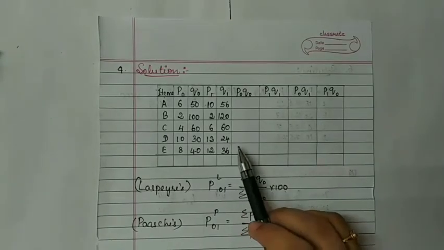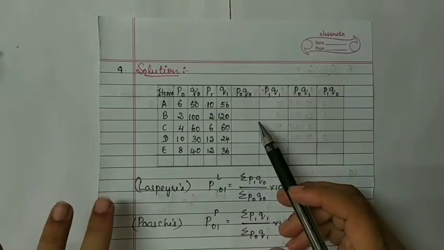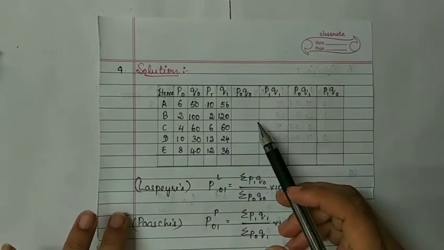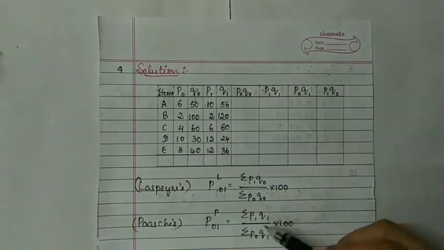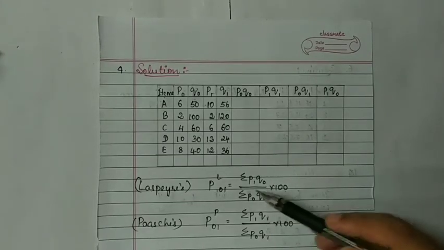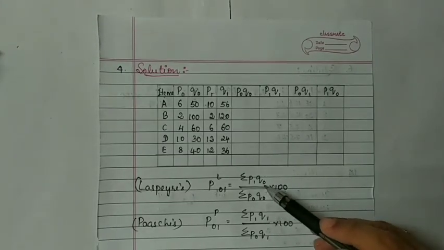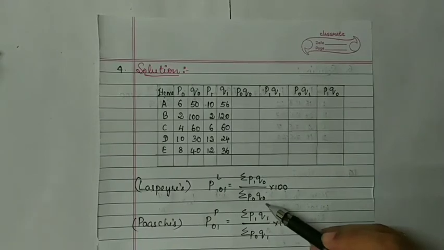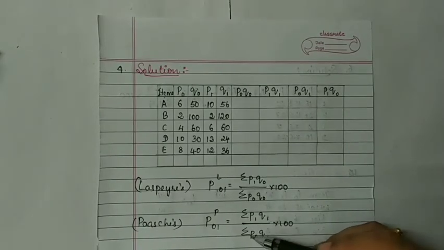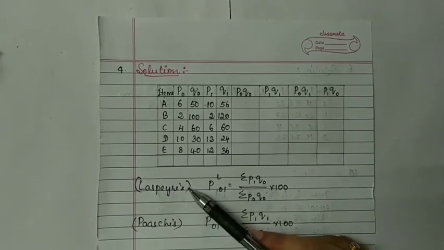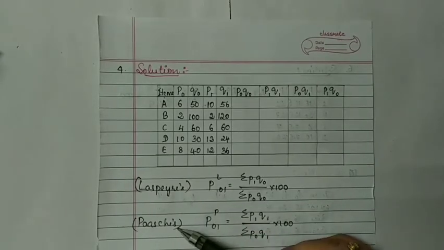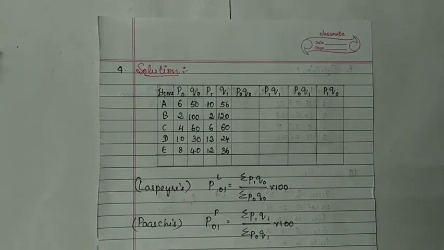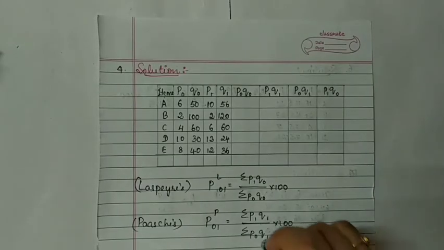You all know that for all the weighted aggregative index number calculations, the common items are summation P1 Q0, summation P0 Q0, summation P1 Q1, summation P0 Q1. All the formulas are based on the formulas of Laspeyres and Paasche. So let us calculate these four items first.